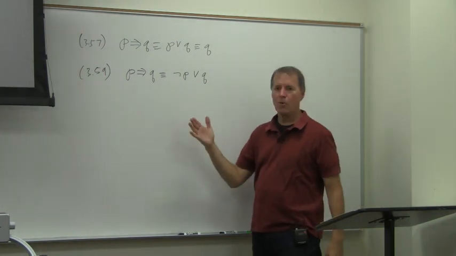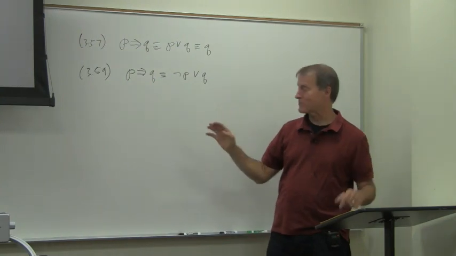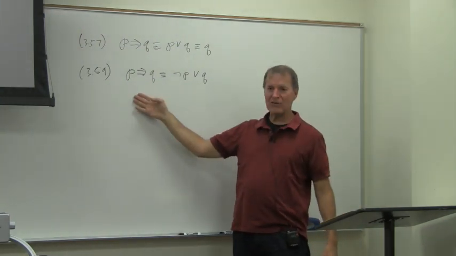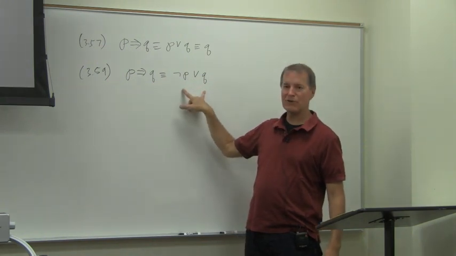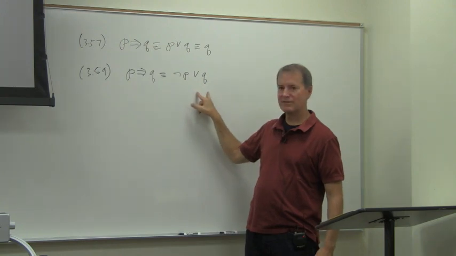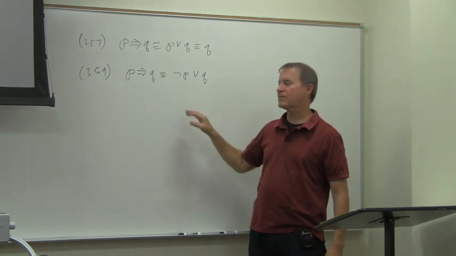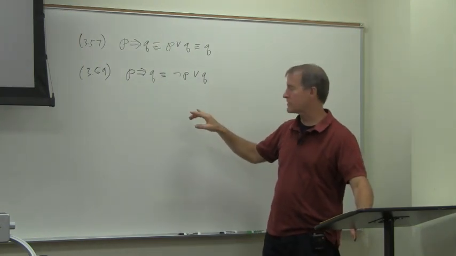Well, think about it. I'm going back to truth tables, but the only way that this can be false is if both of the ors are false. This operation is called disjunction. By the way, here's a little terminology, we're going to start using some more terminology.